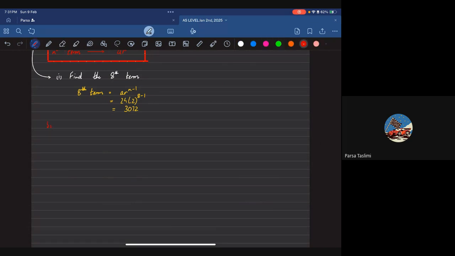If you're trying to calculate the sum of a particular number of terms, the sum of n terms, Sn, is equal to a times (r^n minus 1) over (r minus 1).